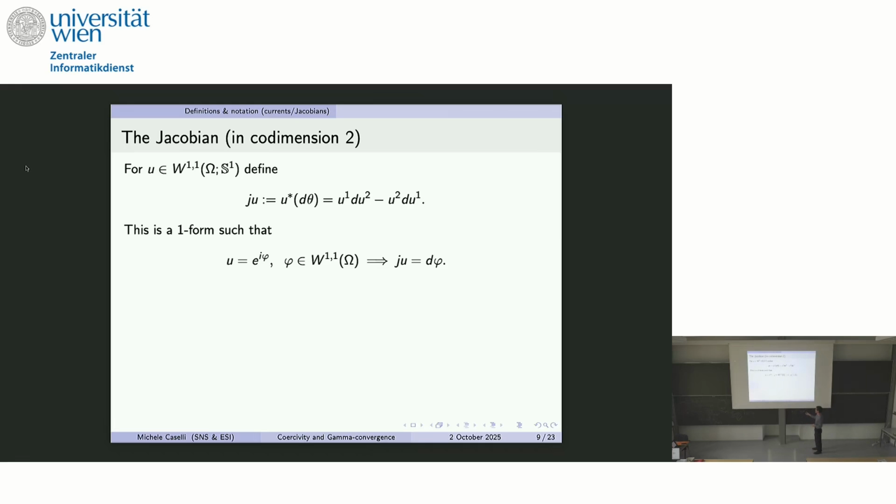Okay, so not every map in W^{1,1} can be written like so. Okay, this is very important in this business. Then the Jacobian of U, identifying forms with vector fields, is the gradient of the phase. So the Jacobian is the one form that is the differential of the phase, but is defined always from the map U, even when U admits no lift. Even when you cannot write U as a map like so.